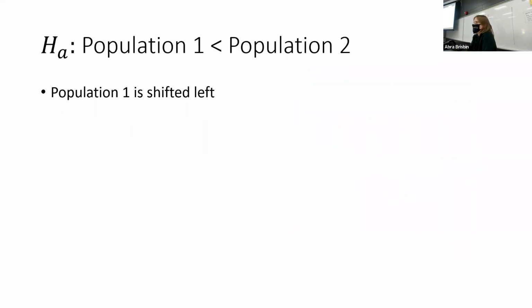If your alternative hypothesis was that population 1 is less than population 2, or in other words, that population 1 is shifted to the left compared to population 2, then our p-value would be the probability that our value of U is greater than or equal to whatever we got in the data.